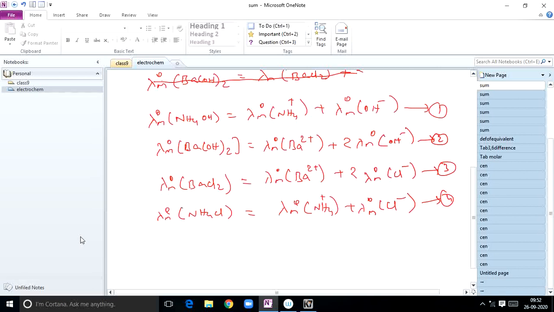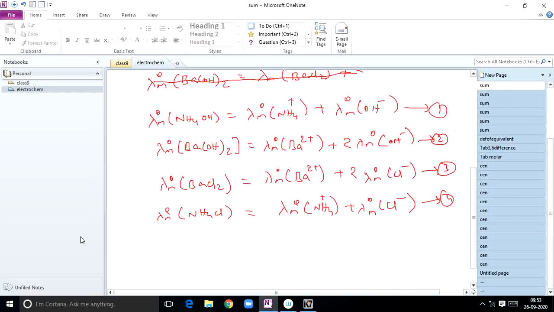Adjust 2, 3, 4, and I want the final equation. Bring the first equation. How can you bring first equation? You can multiply with some factor, you can divide with some factor. Finally, I want the relation. So how do you get that relation, students? What is the relation between them?